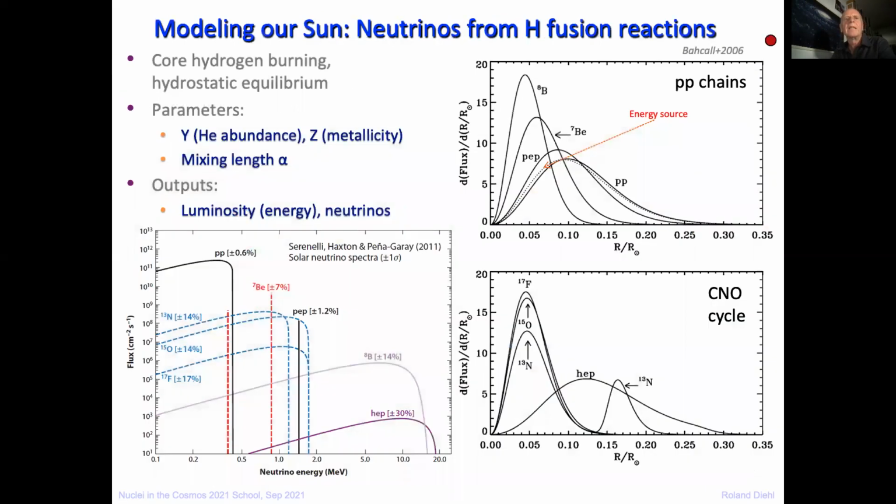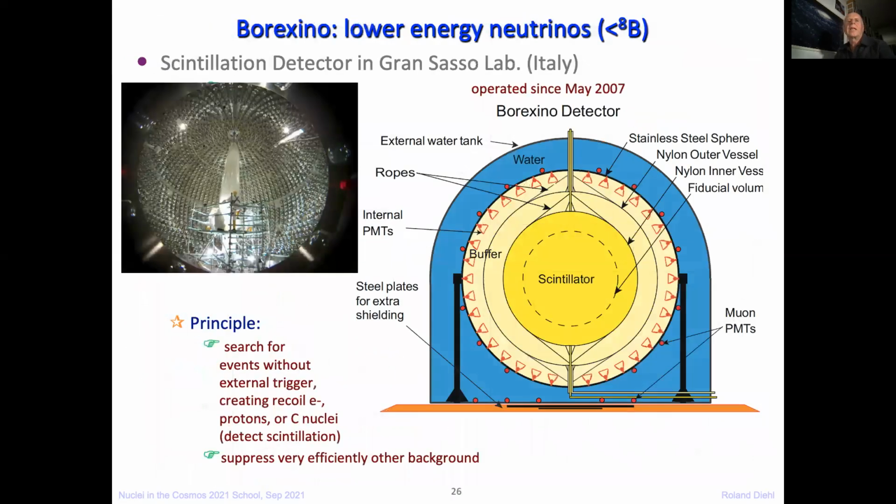And these neutrinos are emitted at different energies, and so we can use neutrino detectors to try and observe those. Neutrino detectors are massive devices. They need to be big because the neutrino interaction probability is small. So in the underground lab in the Gran Sasso, we have the Borexino detector, which is a scintillation detector.